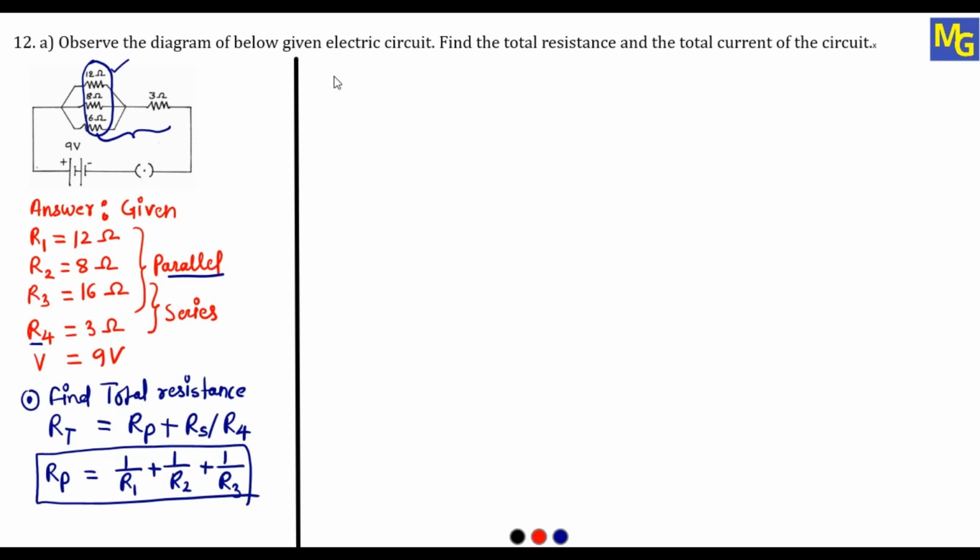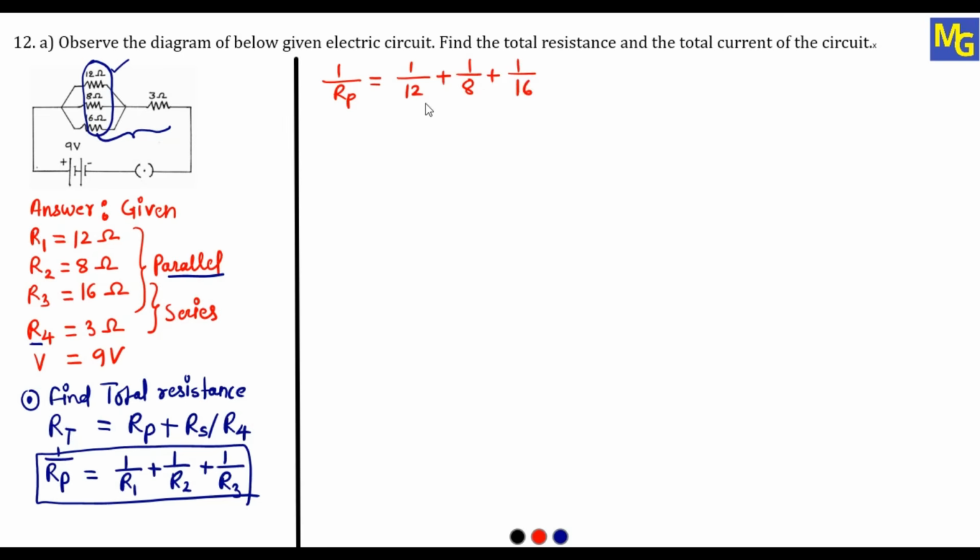Sorry, a little bit of change we have to do. It is not RP, it is 1 by RP we should write. 1 by RP is equals to 1 by R1 plus 1 by R2 plus 1 by R3. Make this correction in your notes also. Now we will substitute the values. 1 by RP is equals to 1 divided by 12 plus 1 divided by 8 plus 1 divided by 16.